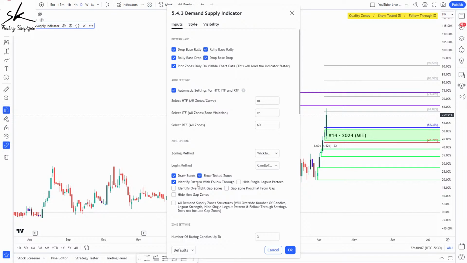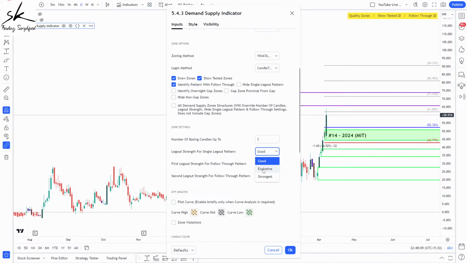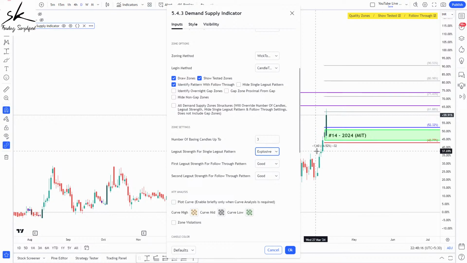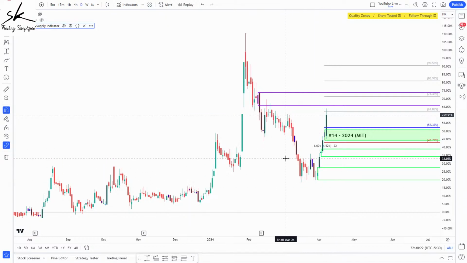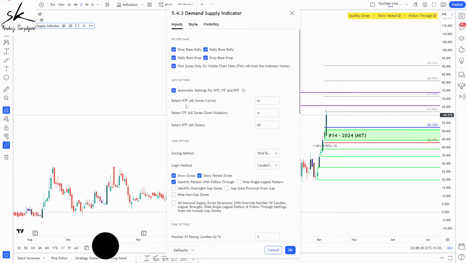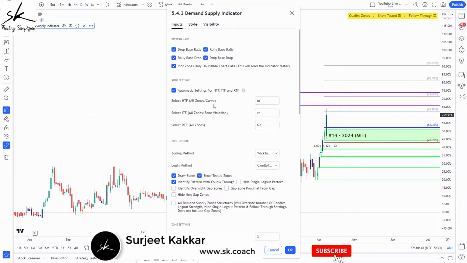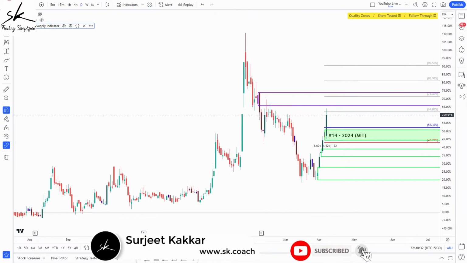So example, on the lower time frame, if I want that it has to be explosive, I can change it to explosive, and I would only identify zones which have explosive moves. Can you see the other two? It is not identifying for now because I had given it good. It was also identifying the other two. So yes, the settings which you will give by default is for your lower time frame, and on the other three time frames, which is higher, intermediate, refining, only these settings they get applied. Alright, so that answers this query as well.